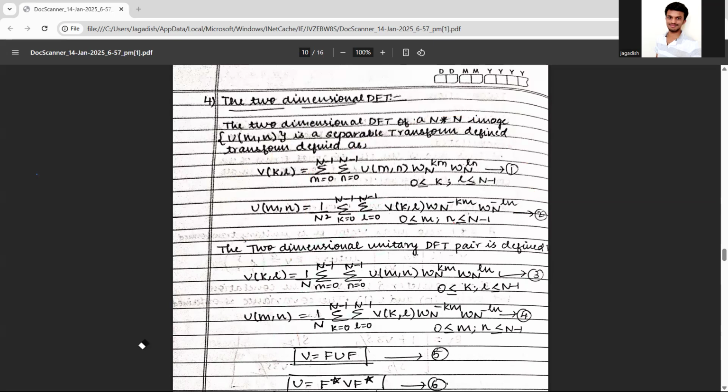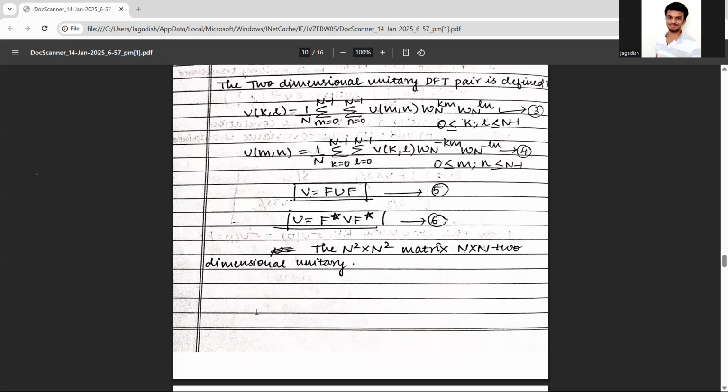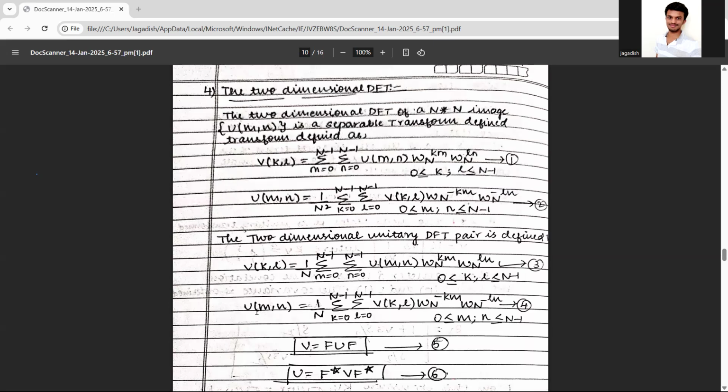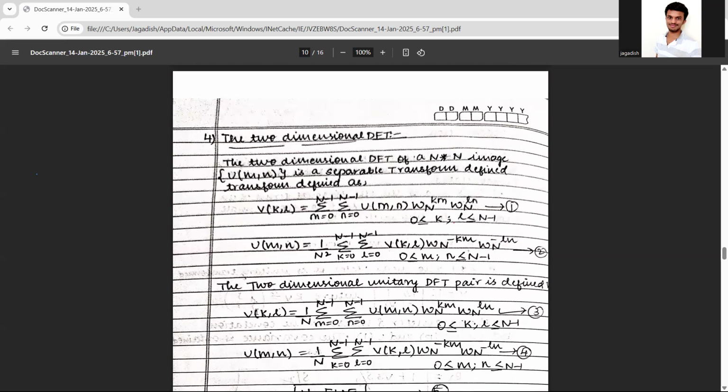So V is equal to F U F. So U is equal to F star V F star. This will be your equation 6. So I think two-dimensional DFT will be easier if they ask you to write about two-dimensional DFT and explain its properties.